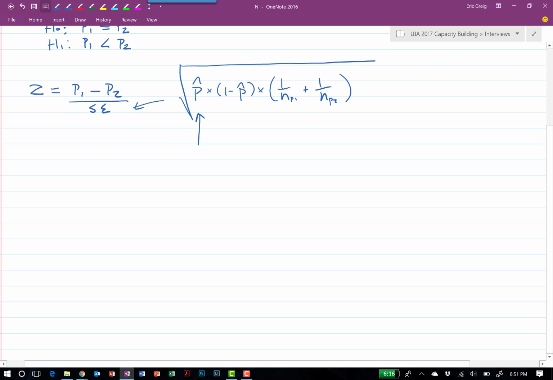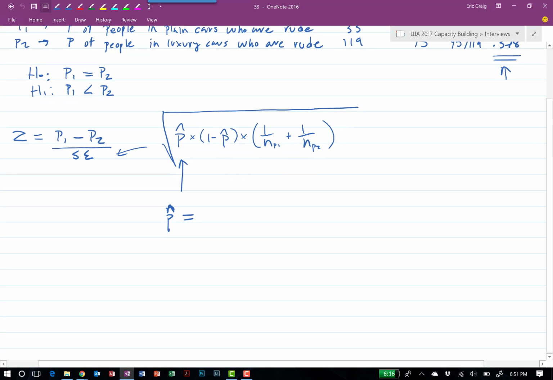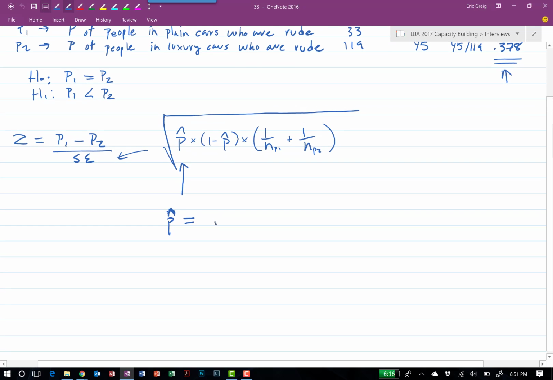Now, how do we do that? Well, the formula for the pooled proportion is, again, given in the book. Sorry, that should be a little hat, not an N. The formula for that is going to be the number of successes, in this case, successful observations of someone being rude.